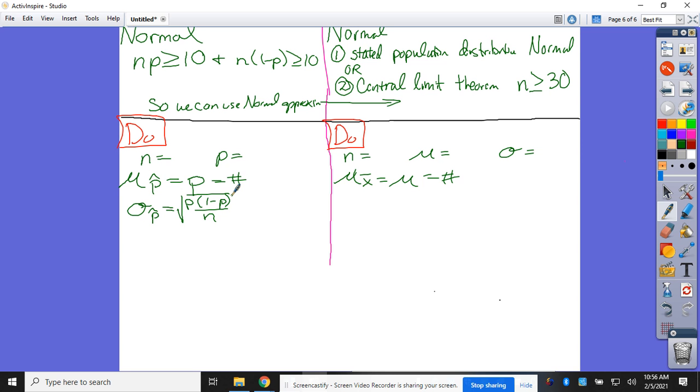And this is probably something I would definitely want to throw in my study guide. So then here we have sigma of x bar, and how do you find sigma of x bar? And so then I'm writing this in terms of p parentheses, something with p hat, p parentheses, something with x bar.